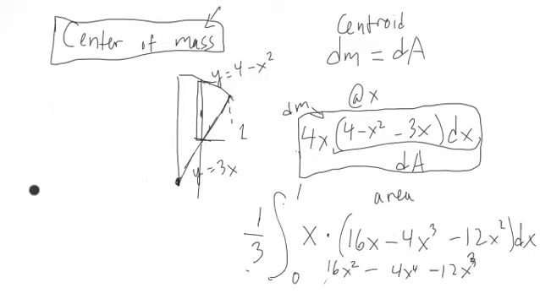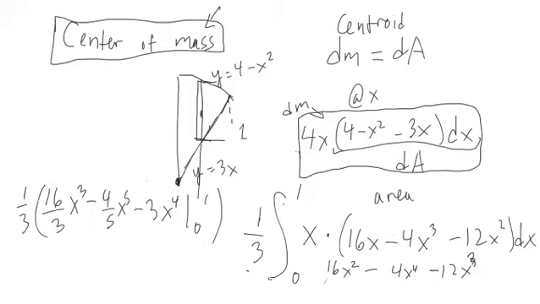Okay, so we end up getting 16 thirds x cubed minus 4/5 x to the 5th minus 3x to the 4th, because we divided by 4. And that goes from 0 to 1, and we're multiplying all this by 1/3.